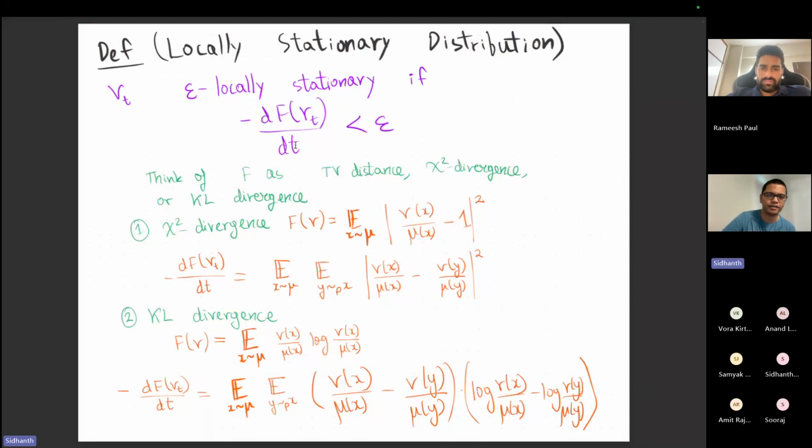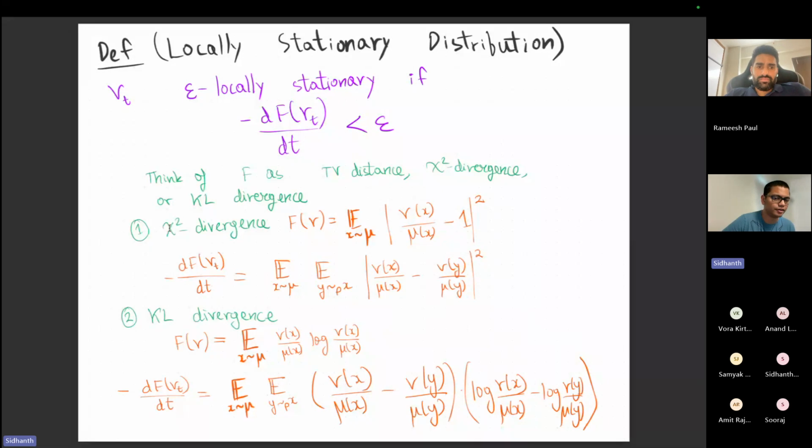Now this is an abstract definition, because I said f is a TV distance, chi-square divergence, or KL divergence, so let's look at what this derivative quantity is for certain concrete f, because we would like an interpretation for what it means for this derivative quantity to be small.